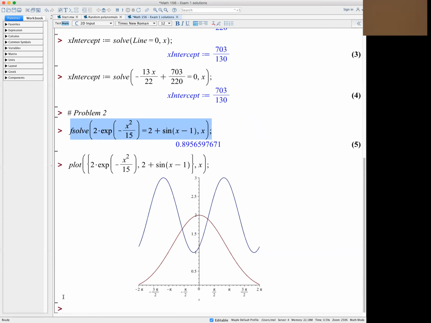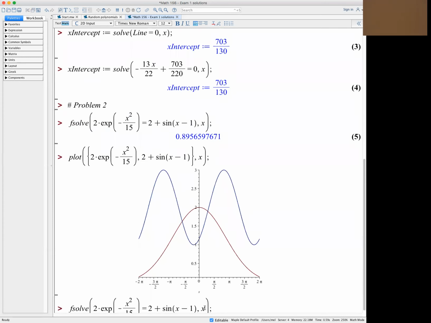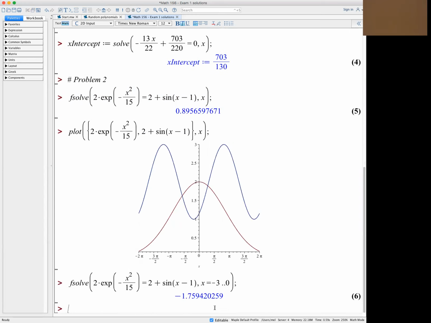And I can force Maple to look for x, let's say in this negative range, x going from -3 to 0. Aha. And here we get the second point. Let me use numbers for the measurement on the x-axis. Now, let me say x goes from -3 to 3.